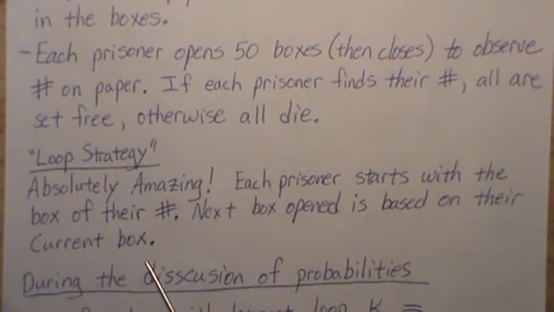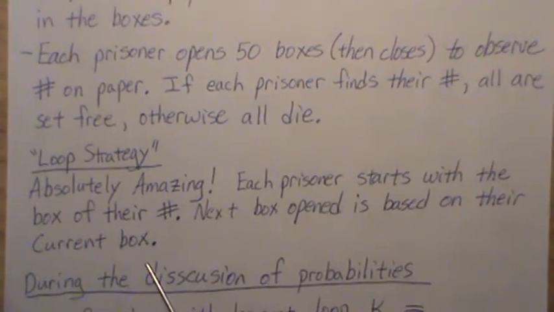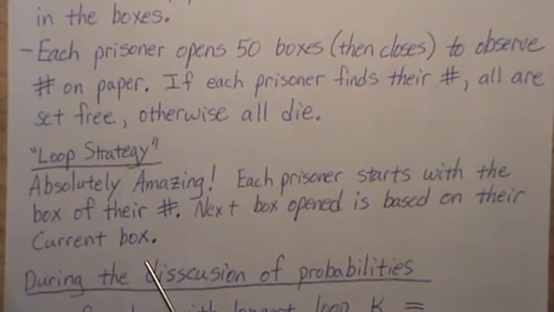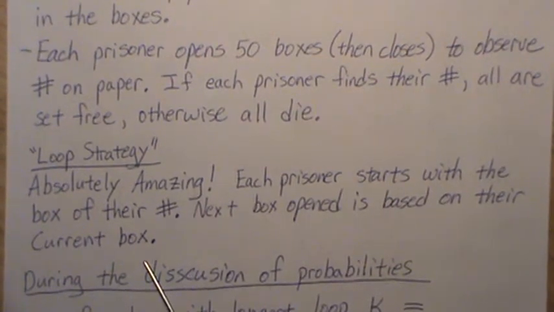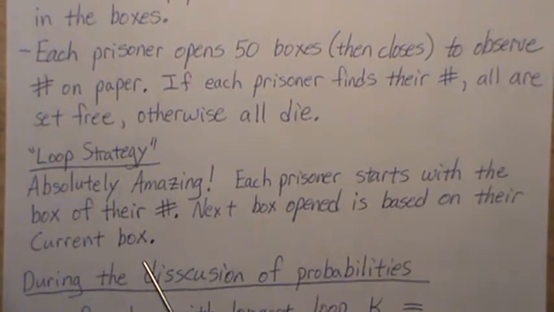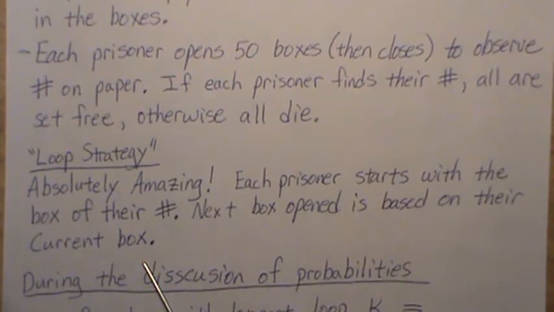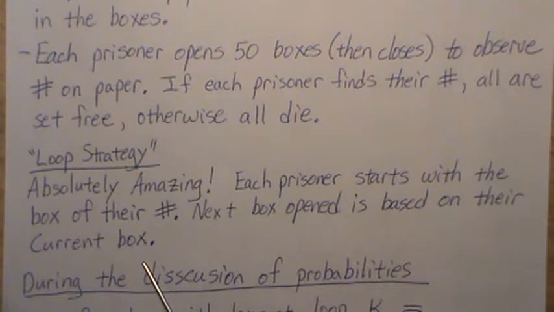If the current box has their number on the piece of paper, they're finished. They found their number, they can move on. But if it's not their number, they go to the box with that number and open it. If it's their number, they're finished. If not, they use that new number to go to the box with that number on it. And this strategy creates little loops of numbers within the 100 boxes.